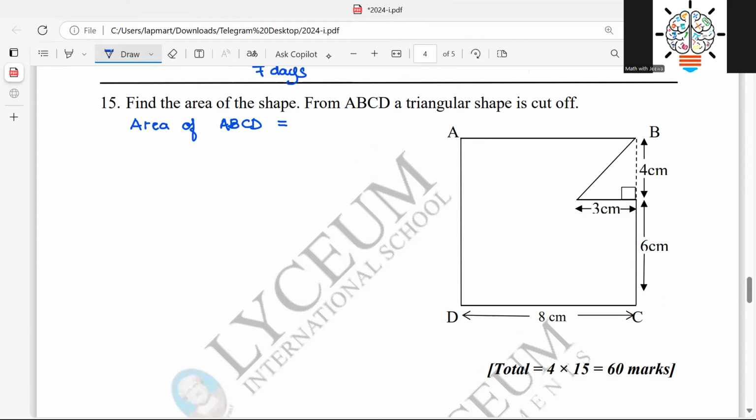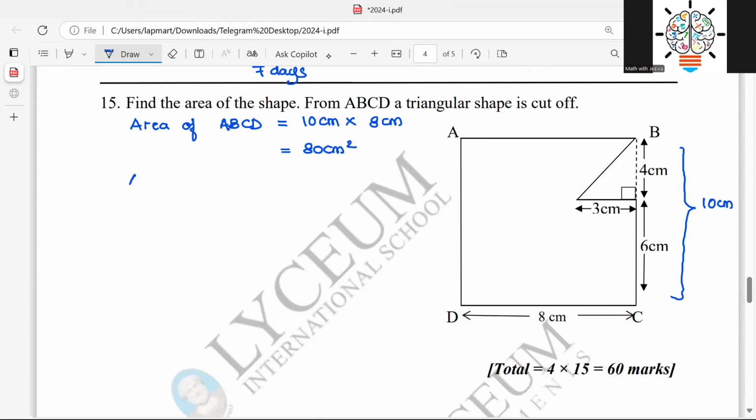What is the area? Length is 10 centimeters, right? So altogether, when we add them together, 6 and 4, this becomes 10 centimeters. So then that becomes 10 centimeters times 8 centimeters. So then it gives you 80 centimeters squared.